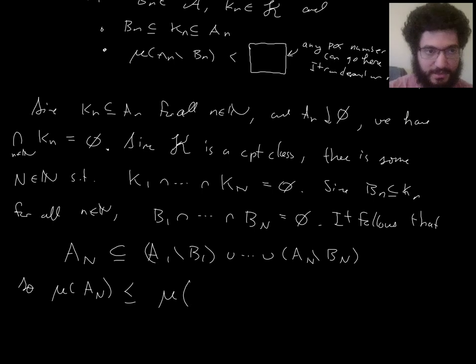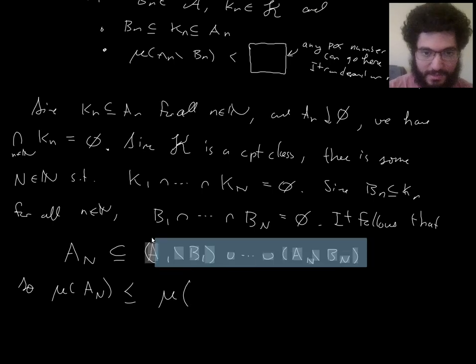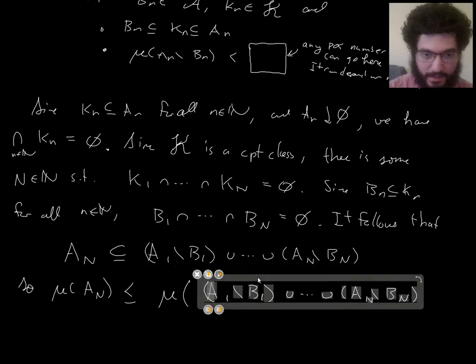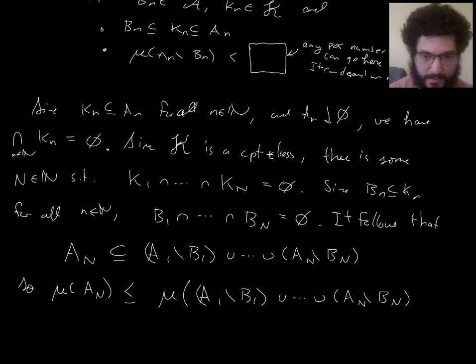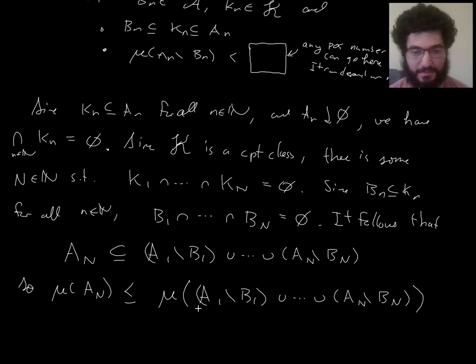So at first I just get this inequality, but then mu is additive, right? So that tells me that if these were disjoint, then mu of the union would be the sum of the mu's.